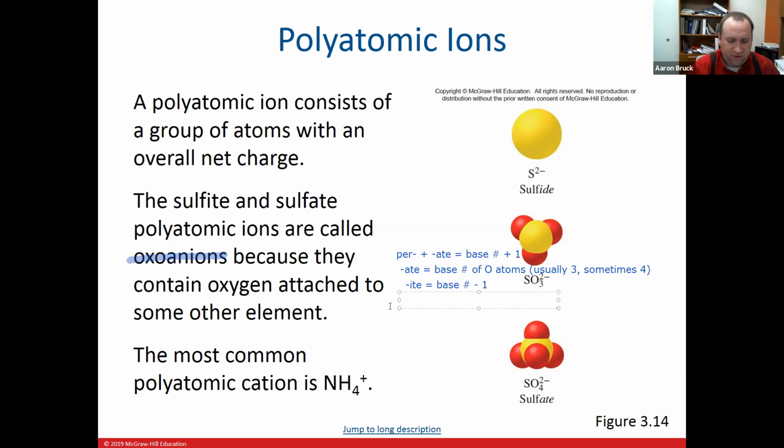If I have the prefix hypo plus the suffix ate, it's actually the base number minus 2. Hypo subtracts 1 more oxygen. So if I was looking at hyposulfite, it would be SO2 with a -2 charge.